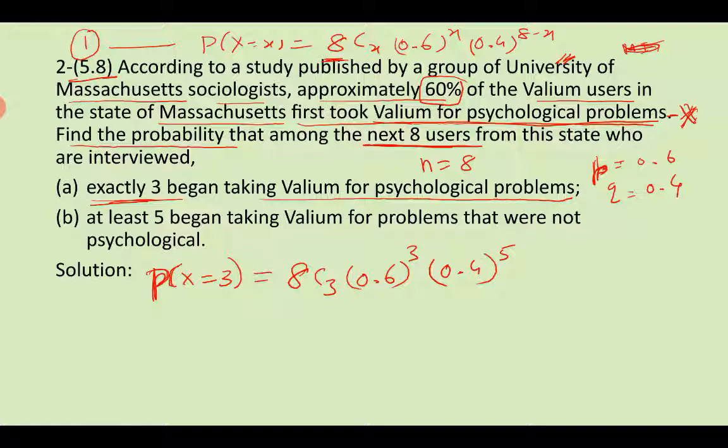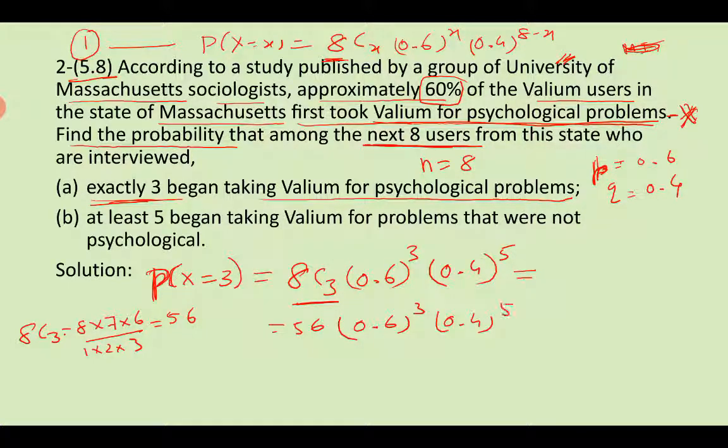Use a calculator. 8C3: you should have known how to calculate 8C3. 8C3 is 8 into 7 into 6 over 1 into 2 into 3. This 6 will be cancelled. 8 and 7 will be 56. So this is 56 times 0.6 to the power 3 and 0.4 to the power 5. Use a calculator to multiply all these things. The answer is 0.12386.